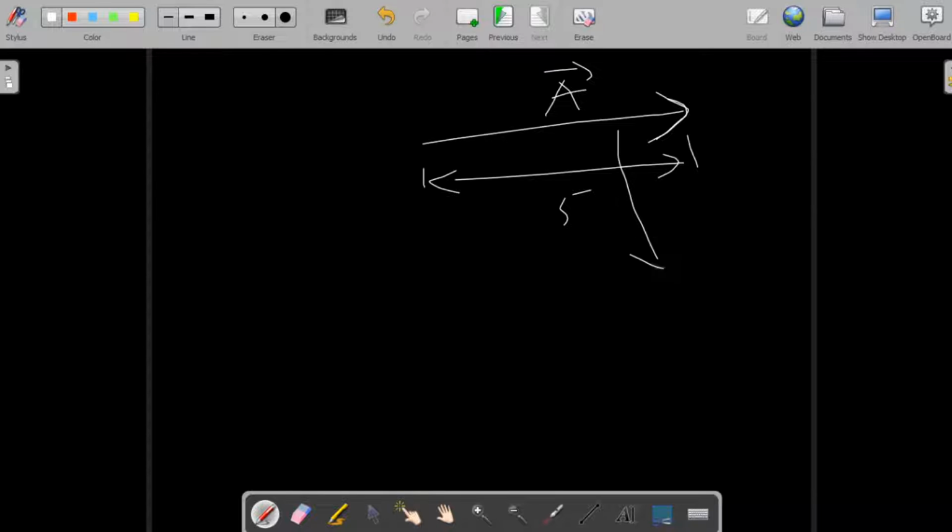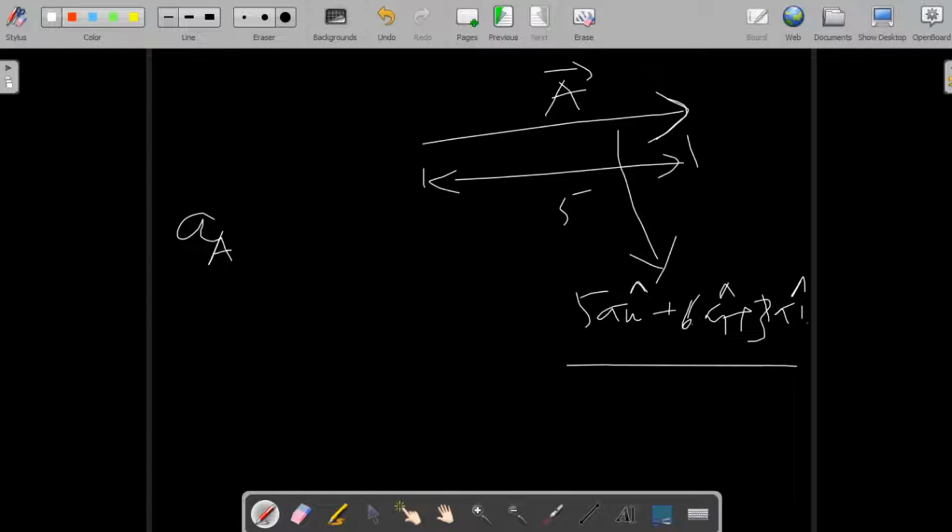So if I know the representation of this vector, something like 5ax cap plus 6ay cap plus 3az cap, lying in the xyz axes, then any unit vector representing the direction of this vector A, that's why the suffix capital A. Is that very clear? So this unit vector gives me the direction of this capital A vector.